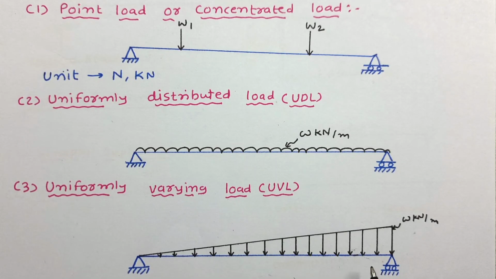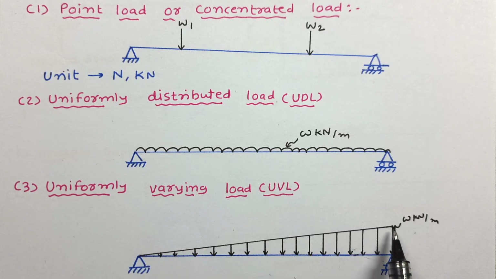A uniformly varying load is one which is spread over the length of the beam in such a way that the rate of loading from point to point along the beam is continuously increasing. It starts with 0 and here it reaches the maximum, increasing at a uniform rate.